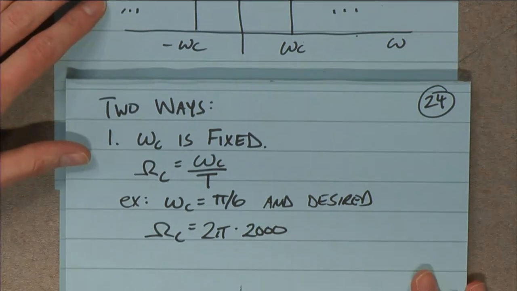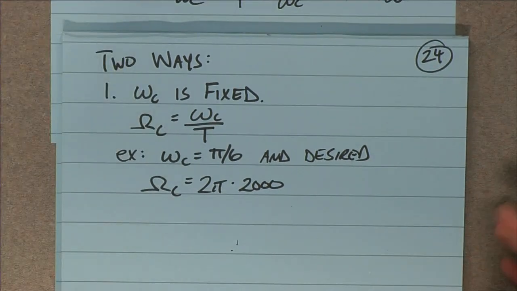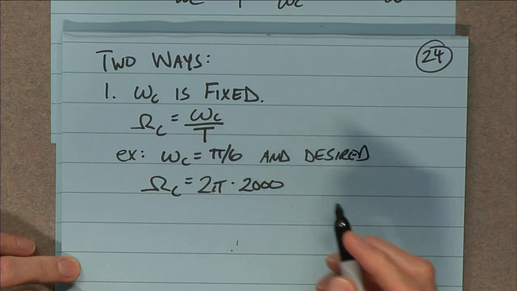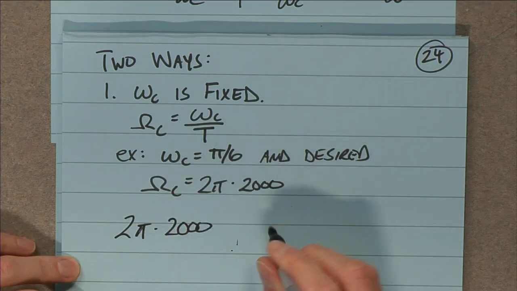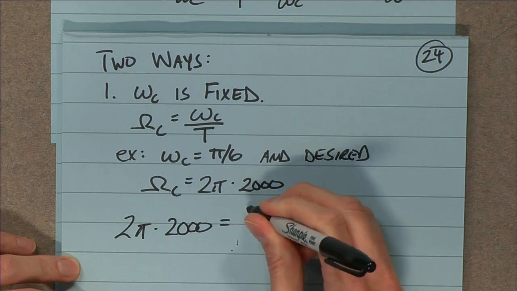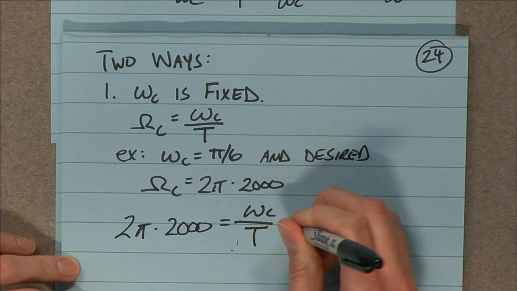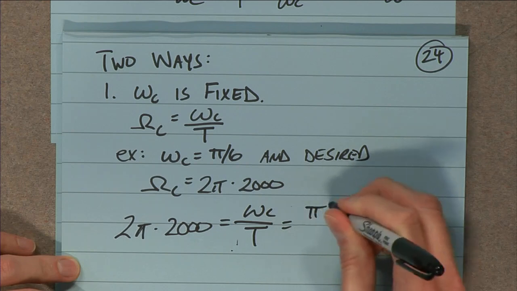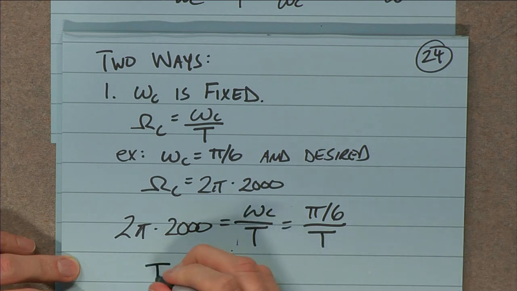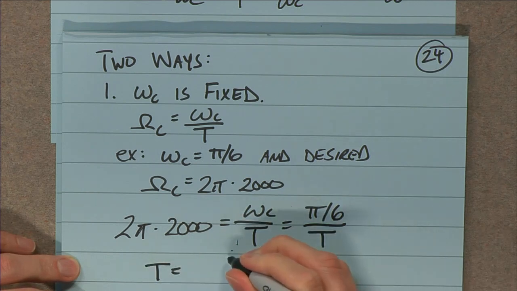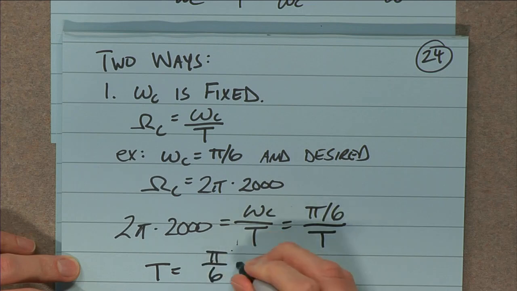Right? So if that's the case, all you can do is affect your A to D frequency. So you have to solve for that. So you can go back to this expression and say, well, that's 2π times 2000 equals ω_c over T. But ω_c was given to me as π over 6. I can't change it. So if we solve for T here, we get what? π over 6.